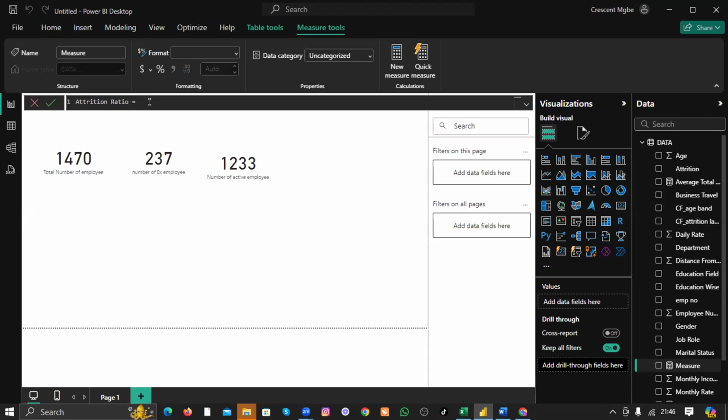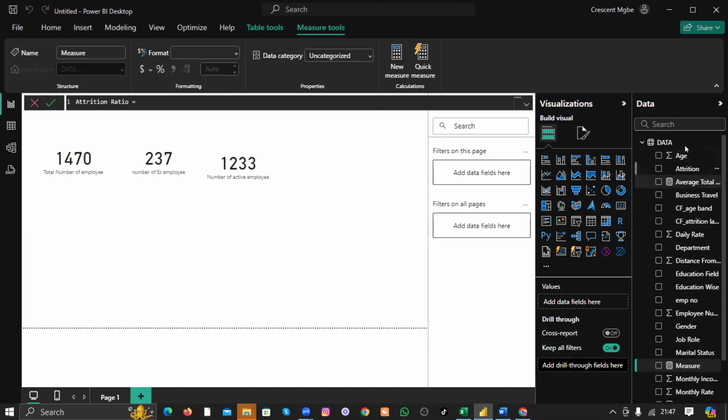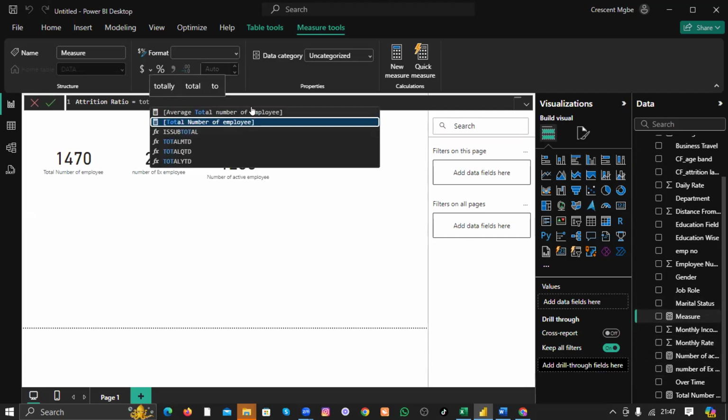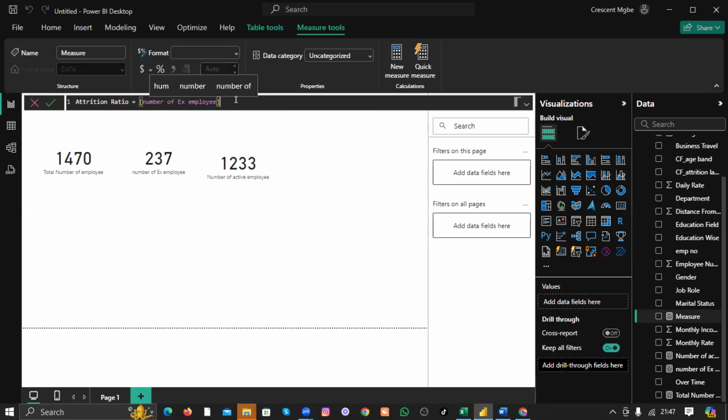So our attrition ratio says total number of ex-employee over the total number of average employee we have, multiplied by 100, right? So we already have total number of ex-employee. It's in the data table. Total number of ex-employee, divided by what?